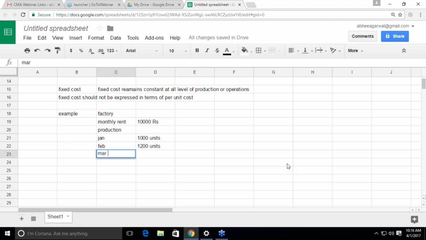In the month of March, you produced 800 units. In the month of April, you produced 500 units. So this is the production in units, and these are the months. Now rent per month is constant, 10,000 every month. There is no change in that.